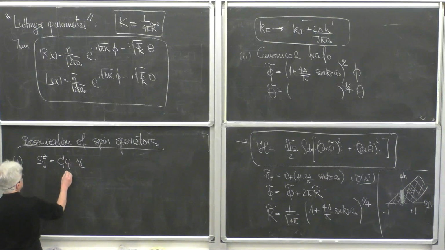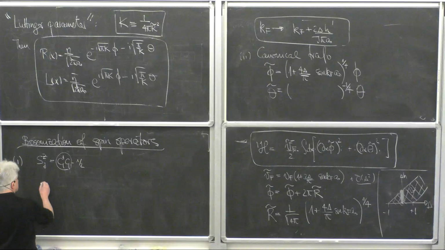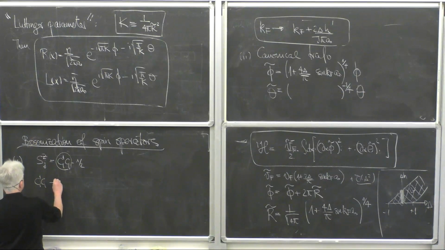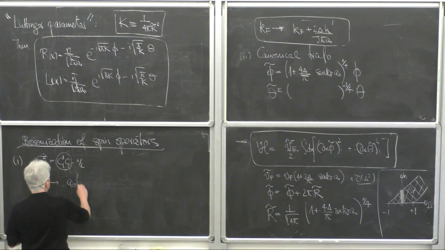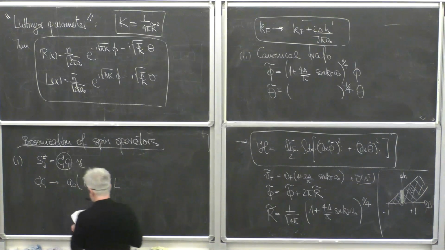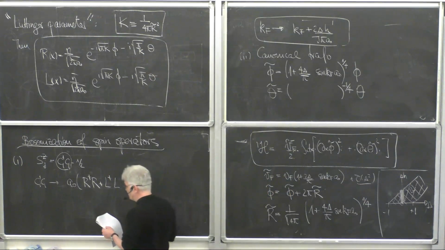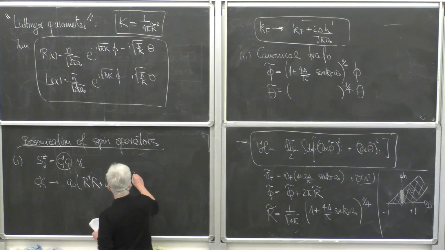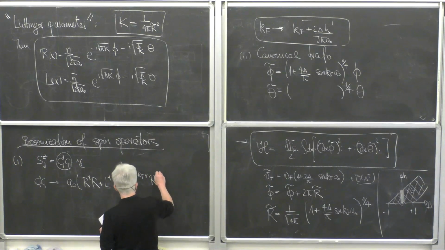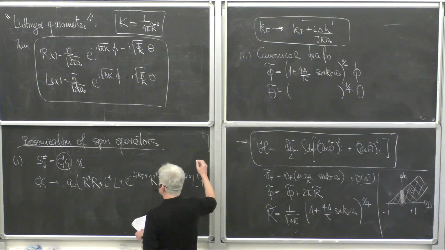Okay, how to bosonize this we already understand. So c^\dagger_j c_j basically becomes something like R^\dagger R plus L^\dagger L. Again, in order to define this, you have to point split and subtract, plus e^{-2ik_F x} R^\dagger L, plus e^{2ik_F x} L^\dagger R. So something like this.